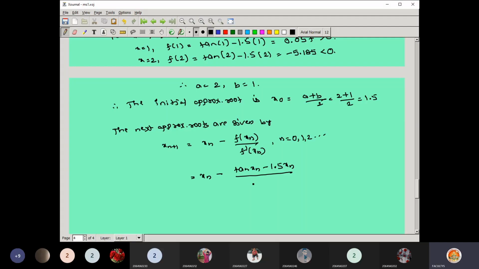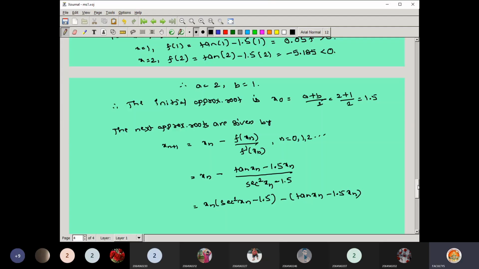What is the tan derivative? Secant square. And minus 1.5 x n has derivative 1.5.